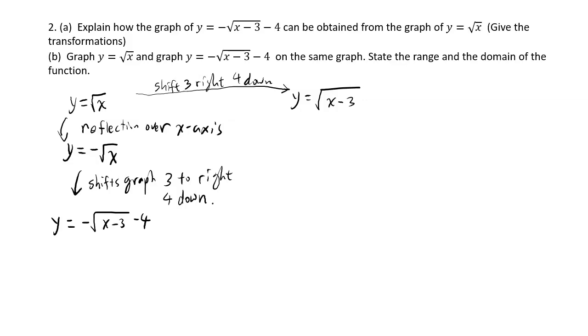Okay. All right. So shift 3 right and 4 down, which is this, and then you reflect over the x-axis, which is putting a negative on the entire thing, right? Actually, that shouldn't be it.